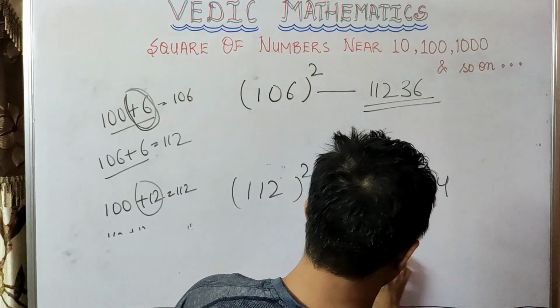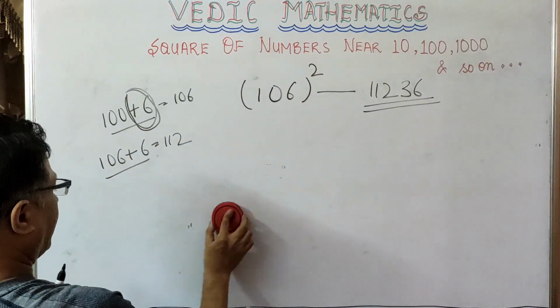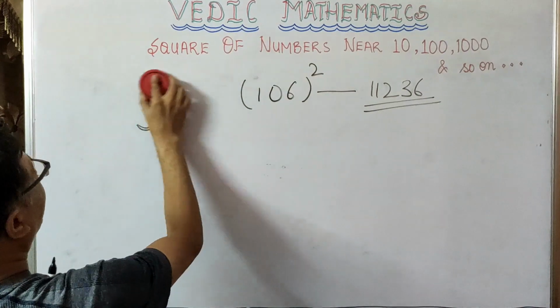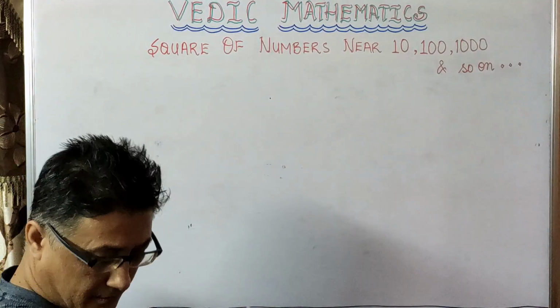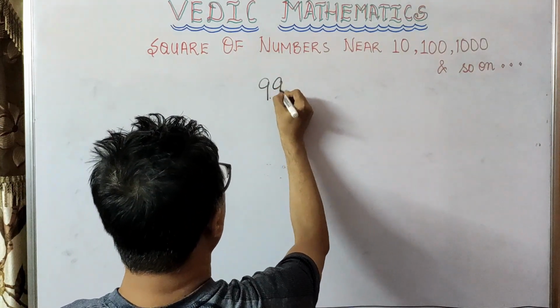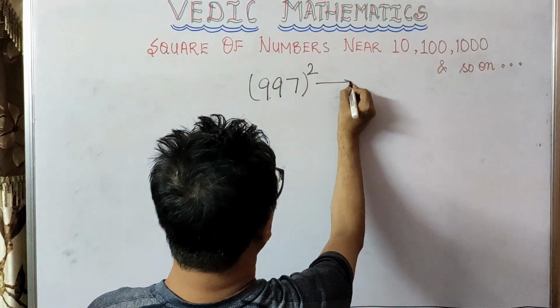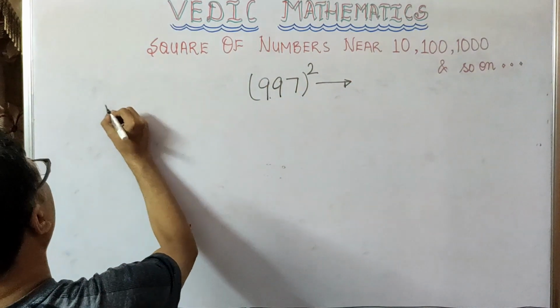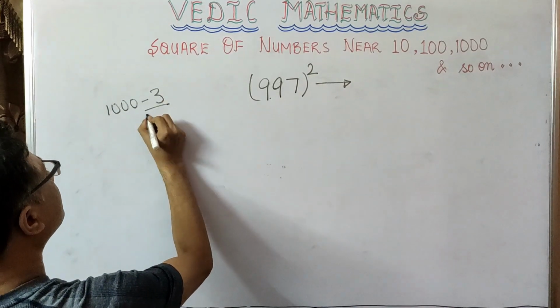Now, let's say we have to calculate the square of 997. So, what will we do? So, 997 is what? 1000 minus 3.